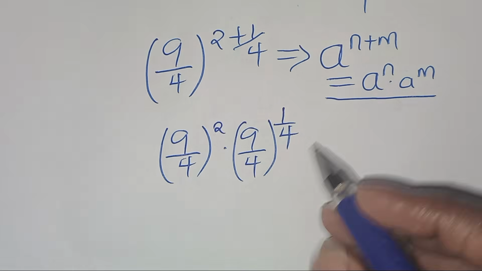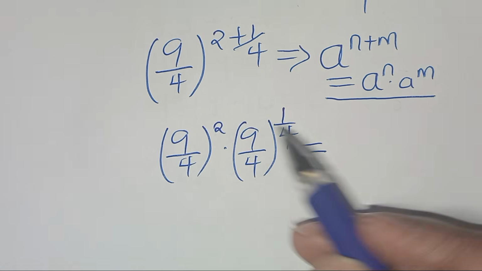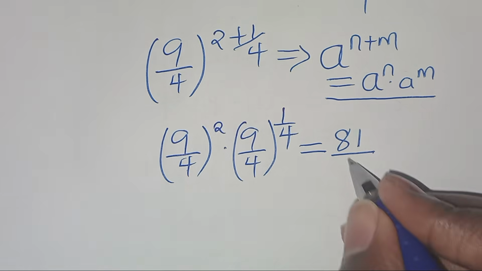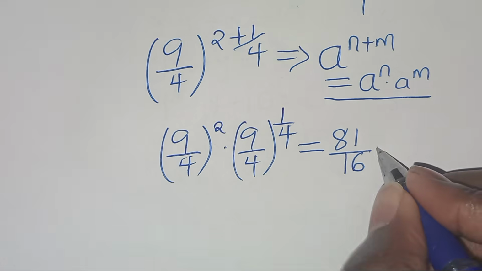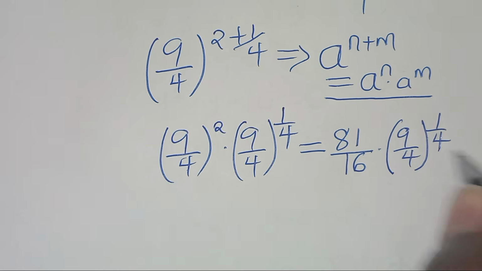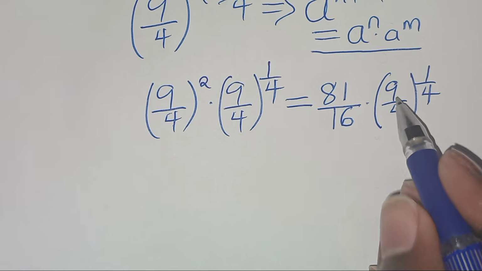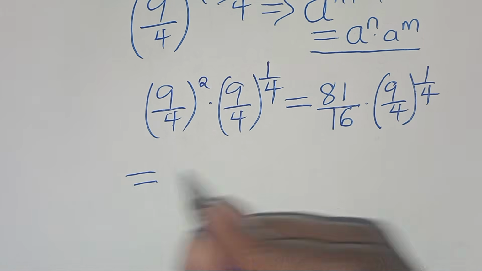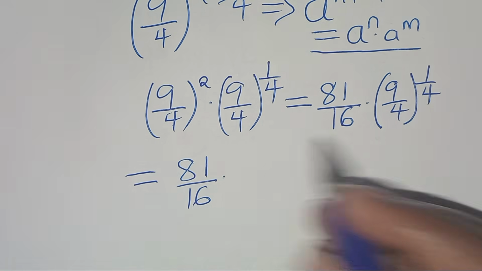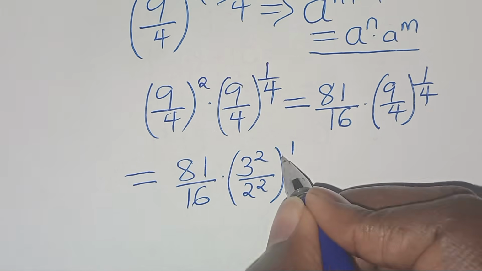The next step, we have that 9 over 4 raised to power 2 is the same thing as 9 squared, which is 81, divided by 4 squared, which is 16, then multiplying by 9 over 4 raised to power 1 over 4. Now 9 over 4 can be expressed as 3 squared over 2 squared raised to power 1 over 4.